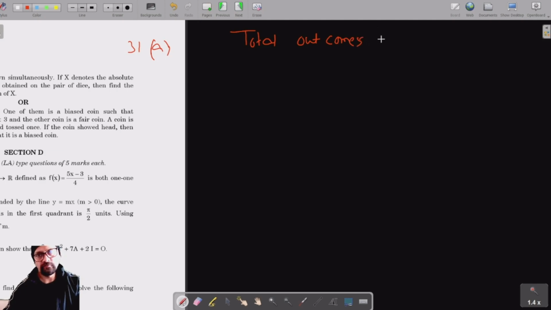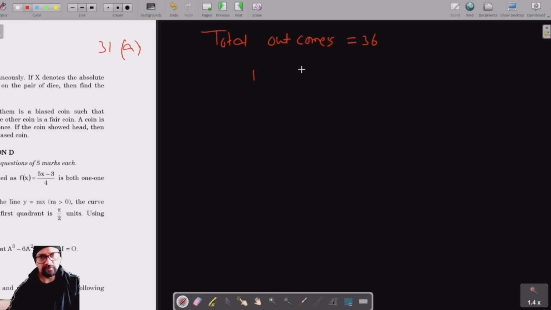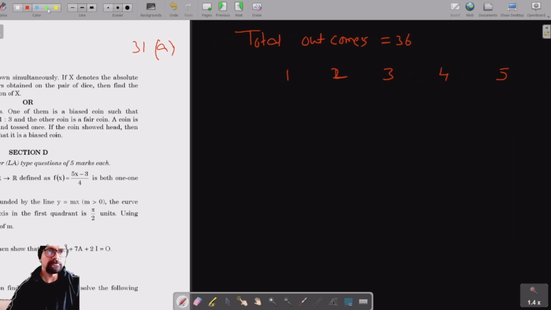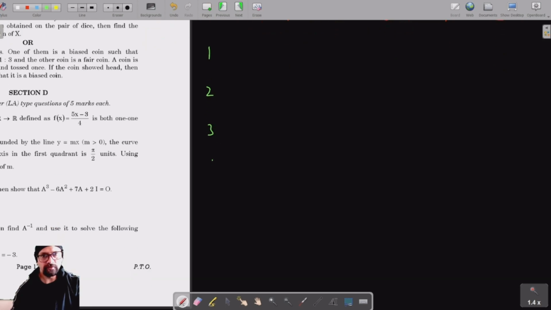is 36 for a pair of dice. Let's say this is our first die with the numbers 1, 2, 3, 4, 5, and 6. And the other die has the numbers 1, 2, 3, 4, 5, and 6.